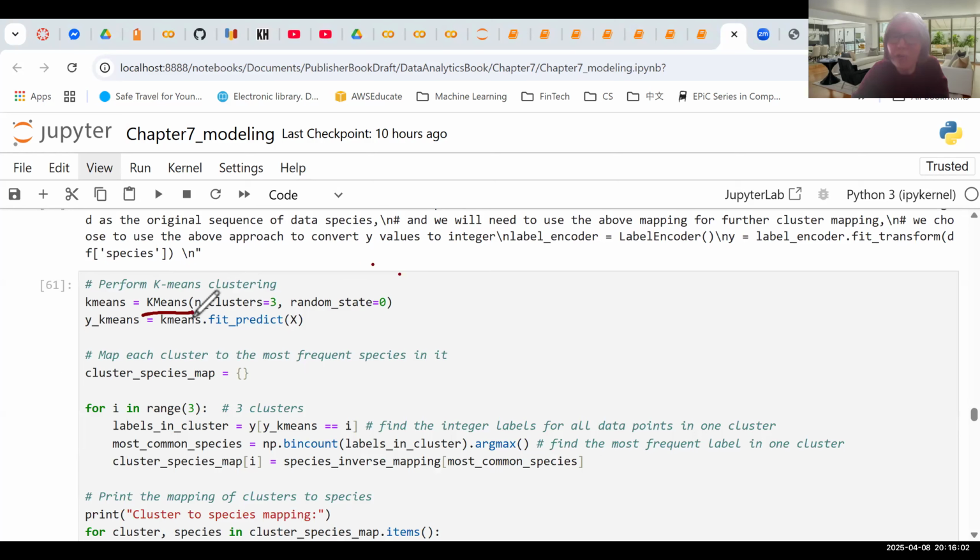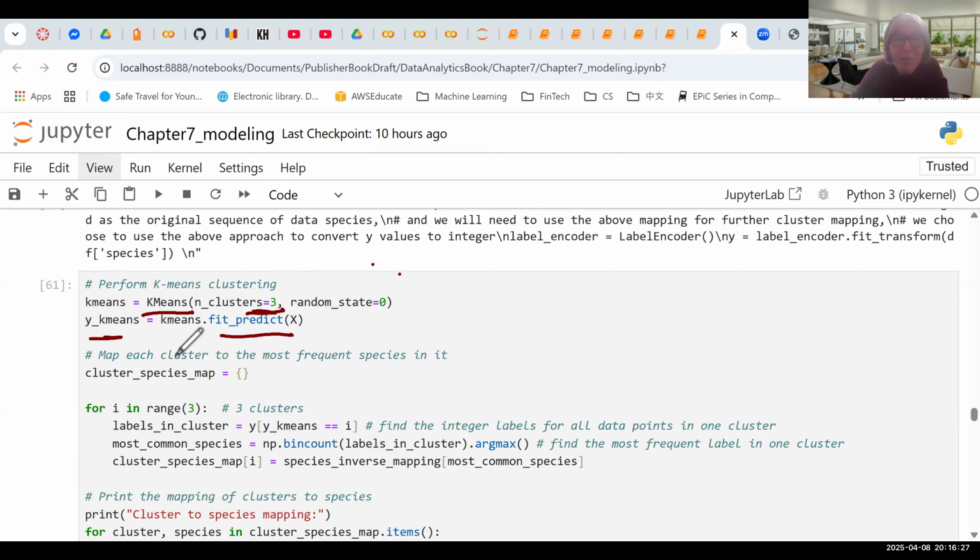You just initiate the k-means model, and you need to specify the number of clusters. Because here we know there are three clusters, we try with three clusters, and then you can predict for each of the samples to see how it works.